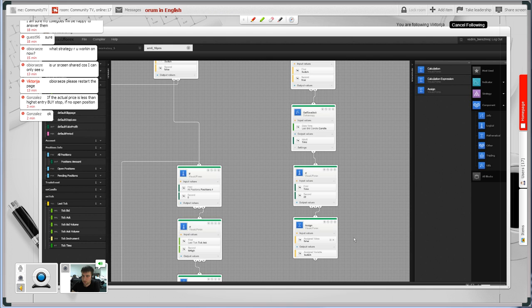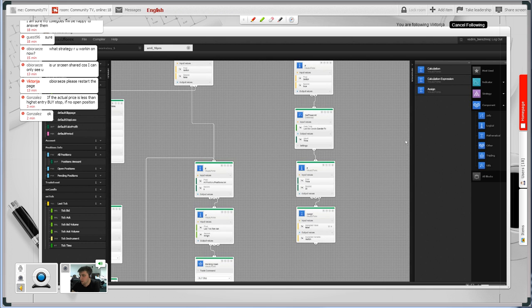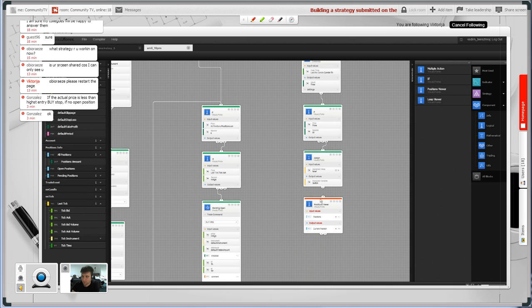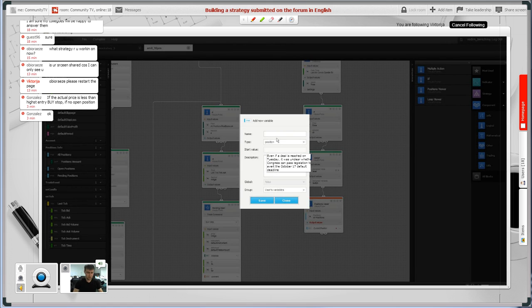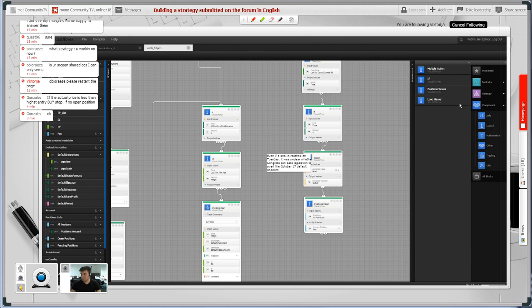And we close all orders with a simple position viewer. What is it? We go through all the positions, pending and open, and close them.